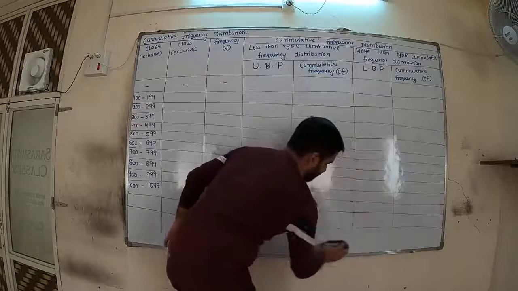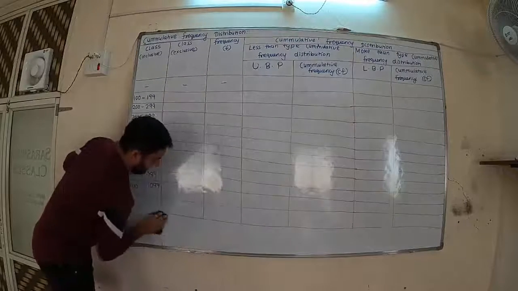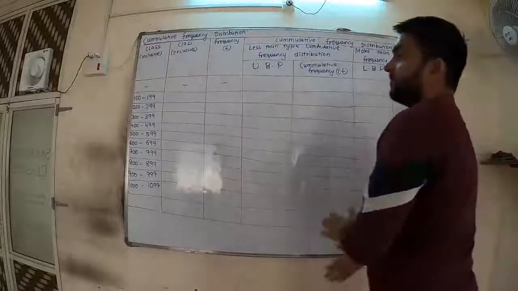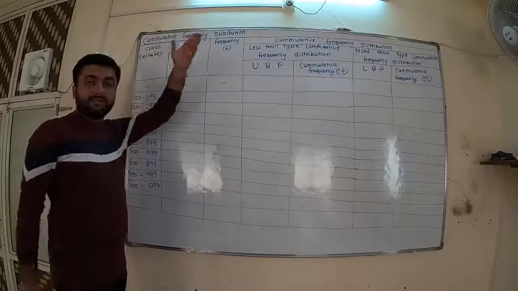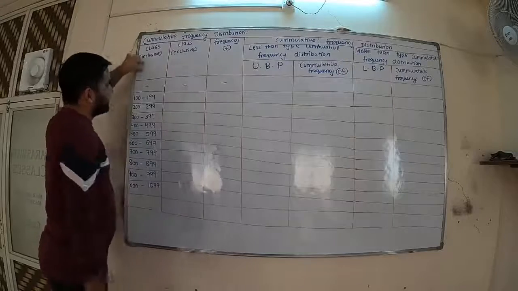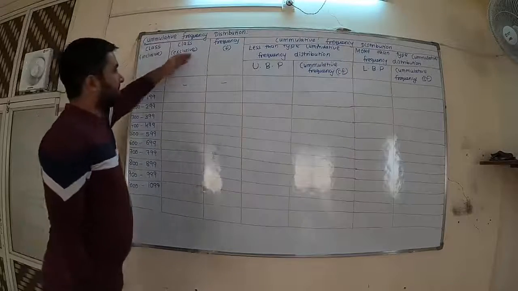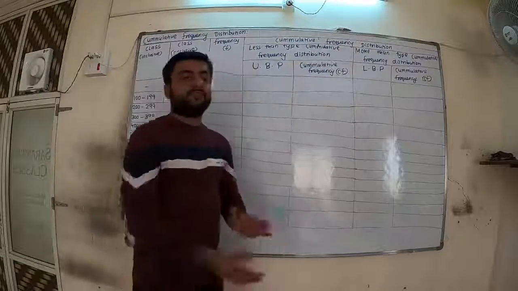The setup is very important. This sum will carry 5 marks. Again explaining my setup: cumulative frequency distribution, class inclusive from previous, class exclusive, frequency, cumulative frequency distribution.